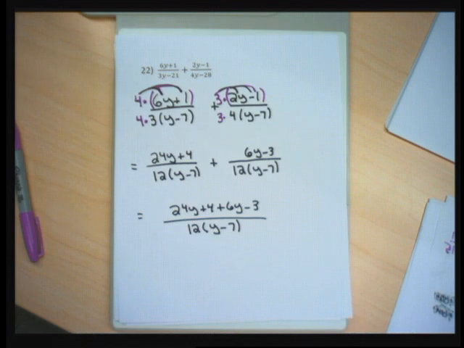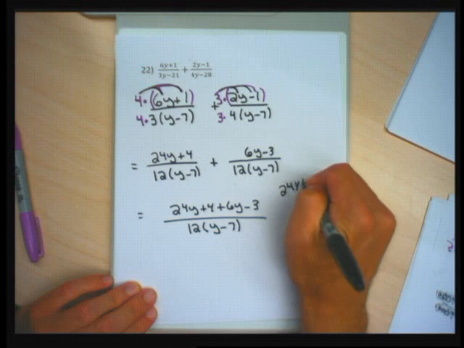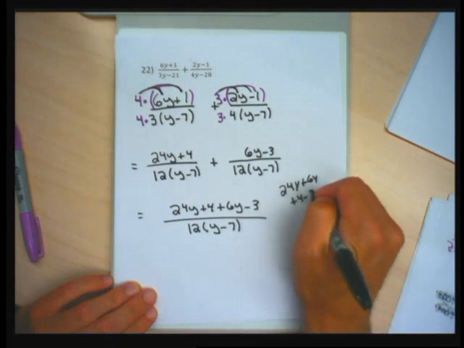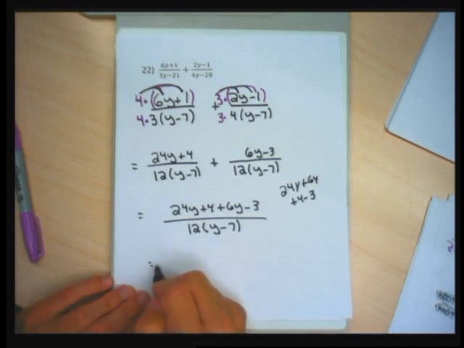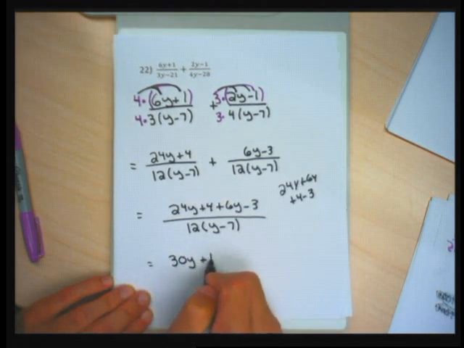I'm going to simplify the numerator, and to simplify the numerator, I'm just going to combine like terms. And that's not terribly hard to do. I'm going to add the 24y and the 6y to get a 30y. I'm going to combine the positive 4 and minus 3 to a 1. So in my numerator, I'm going to get a 30y plus 1.